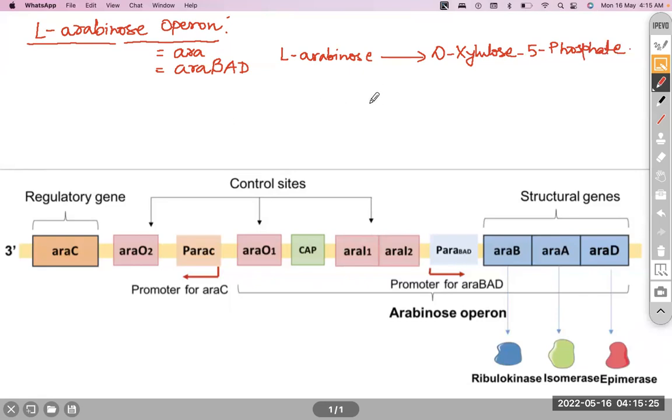This is not a single step conversion. The action of these three enzymes results in this conversion.